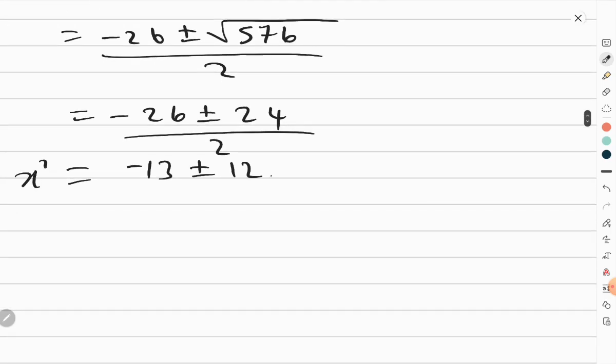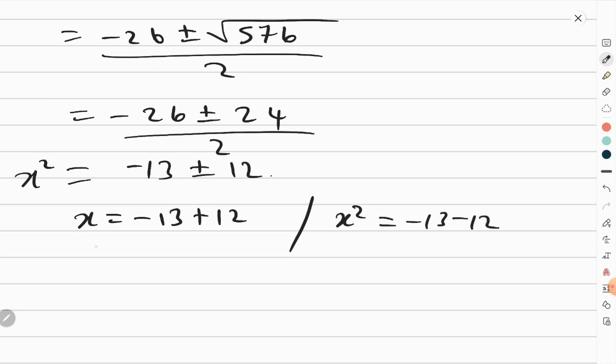So these are the solutions for x squared. So x squared is equal to negative 13 plus 12, or x squared is equal to negative 13 minus 12. Negative 13 plus 12 is negative 1, so the solutions for this one are x equal to plus or minus i.